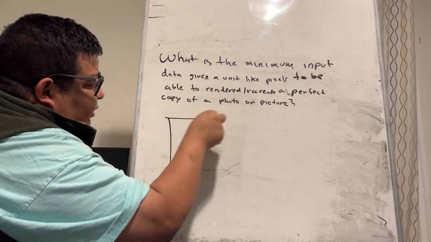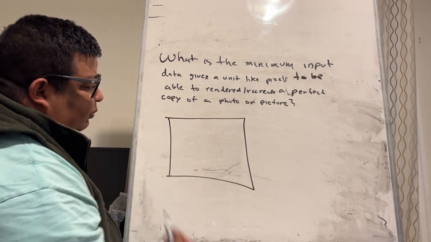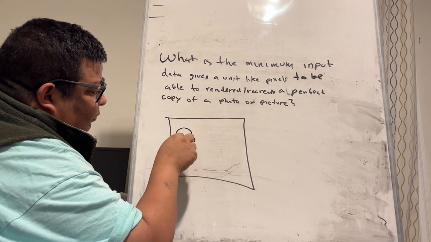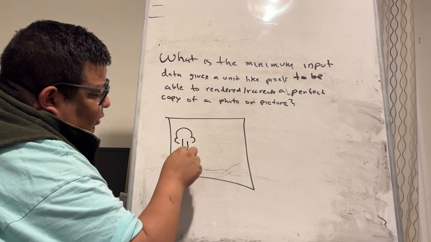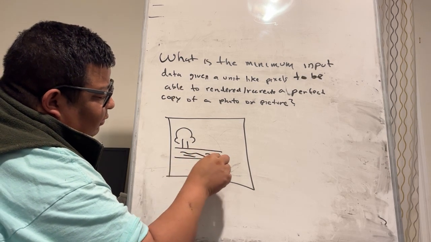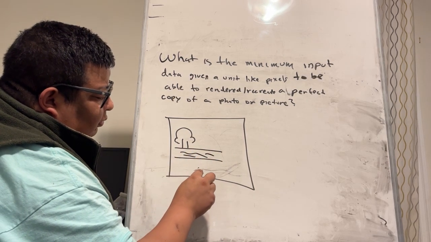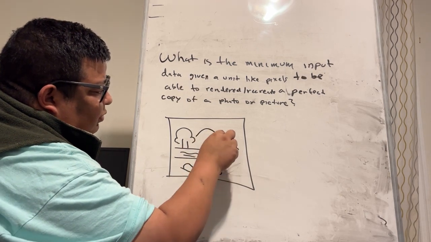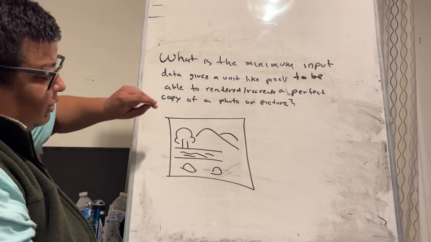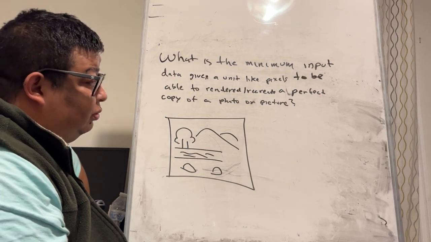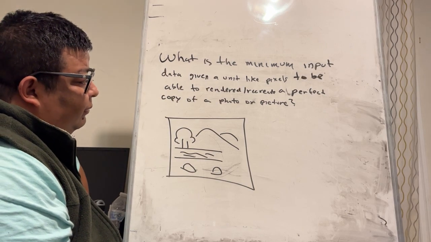Let's say I have a photo or a picture. Let's say it has a tree on it. Then you have a river. Then you have a couple of rocks and volcanoes. Okay, so let's say this is the original copy of what I want to recreate.